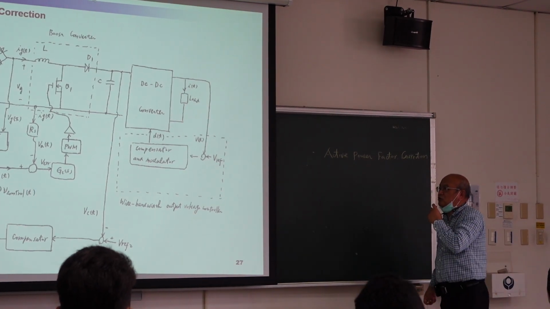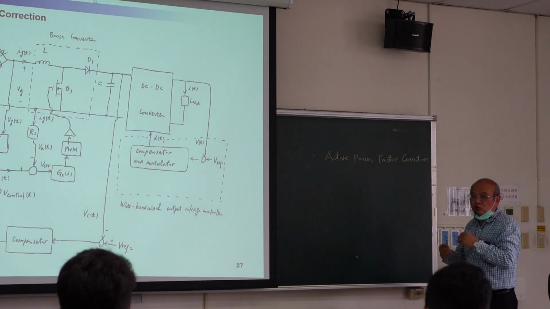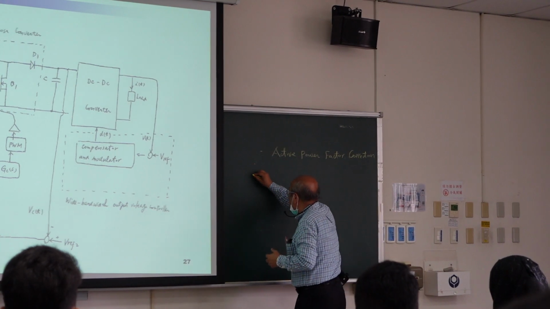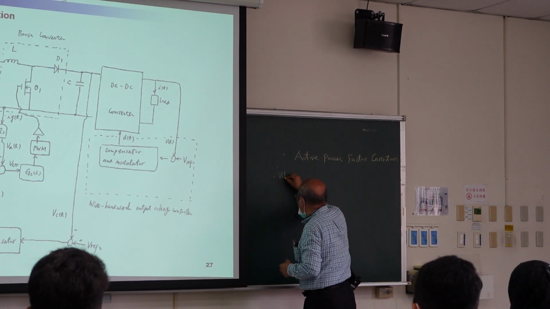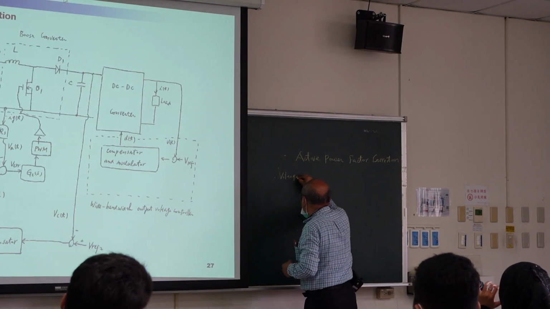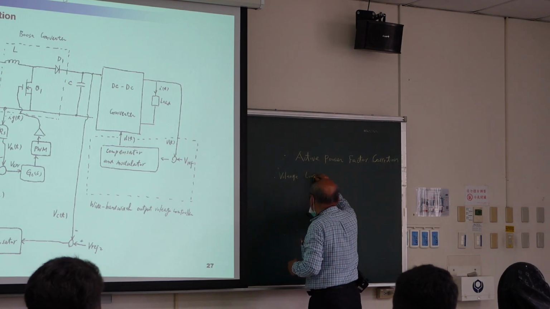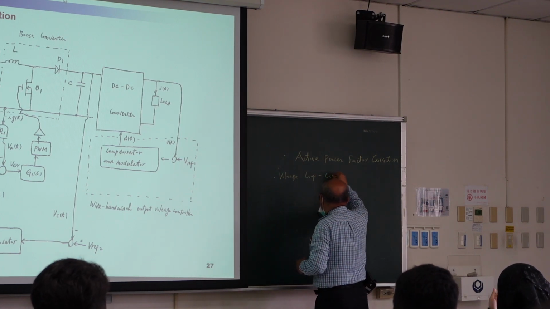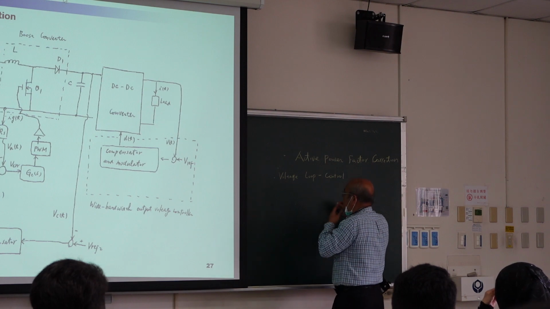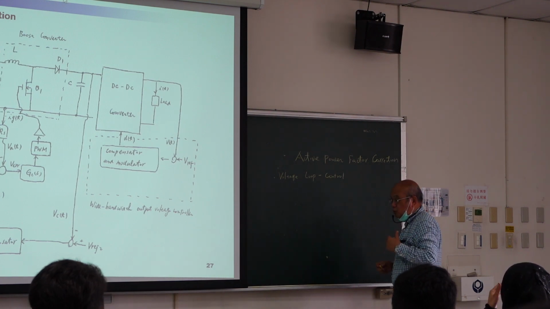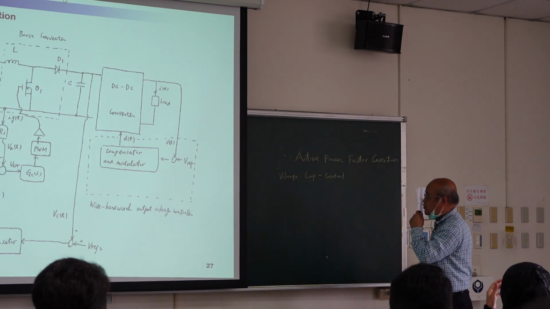So how many loops do we need? We need 2 loops. So we need a voltage loop. So how can we do the voltage loop control?